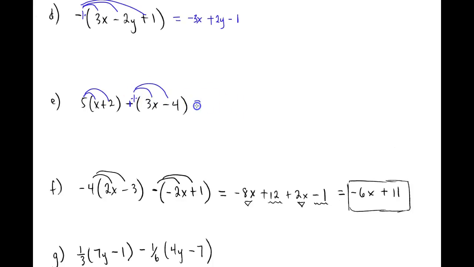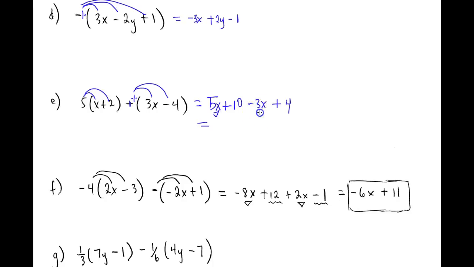So when we do this, then we know that the first two terms end up being 5x plus 10, and then of course for the second two we have a -1 times a +3x, which is a -3x, and we have a -1 times a -4, which is a +4. And then of course from there we can combine like terms.